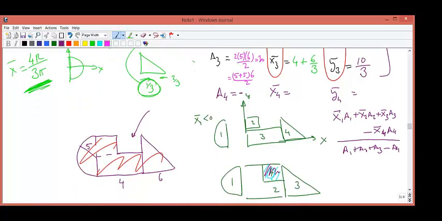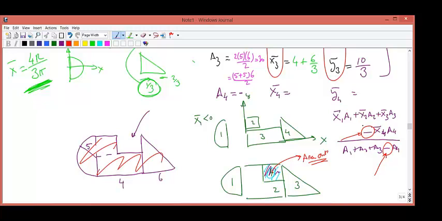So this new source of negative sign comes because you've taken out area. So if you decide to take out area, then you need to add the negative sign right here. Okay? On both numerator and denominator.